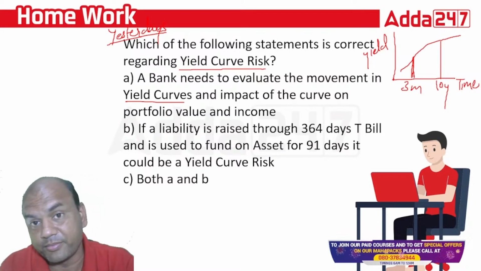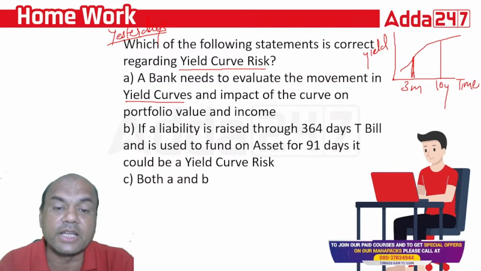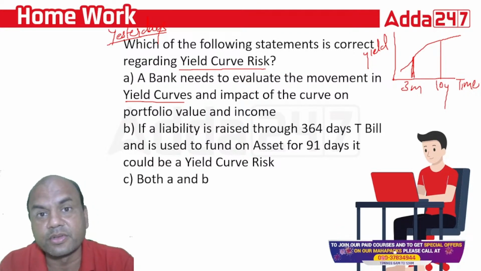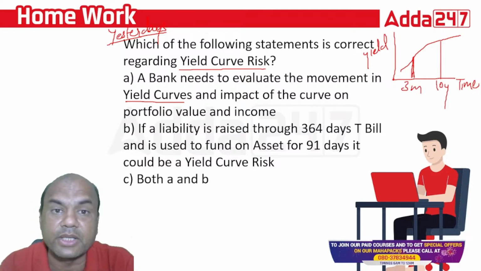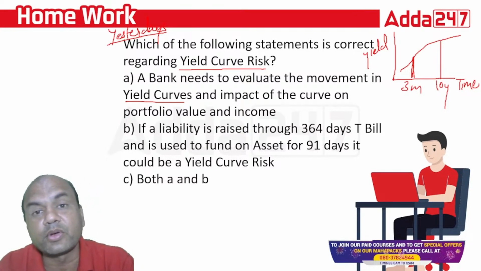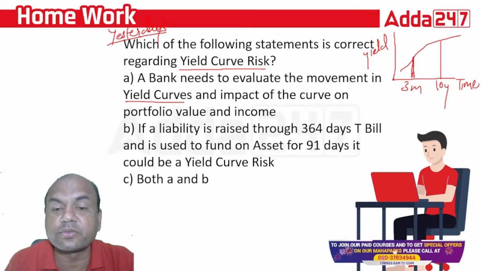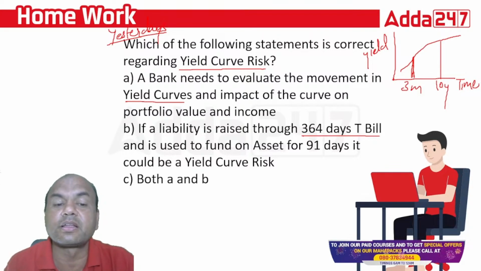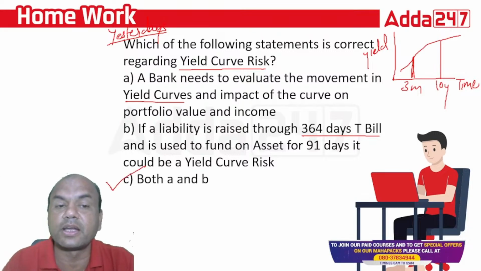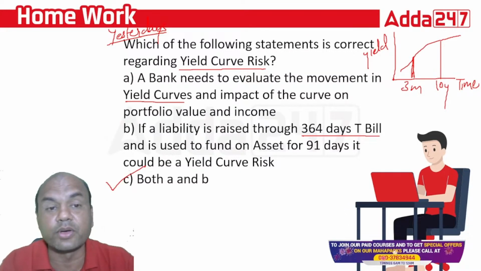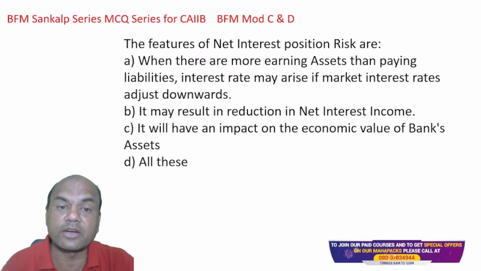I may be, because once this 91-day loan matures, I need to refresh the loan and give it to someone else. Will I be able to give it at the same rate? The liability is fixed at 364 days, because the rate of interest is fixed for the liability, but the asset side is changing. So I will definitely face the yield curve risk. So the answer is C, both A and B. This was yesterday's homework. Let's start with today's part.